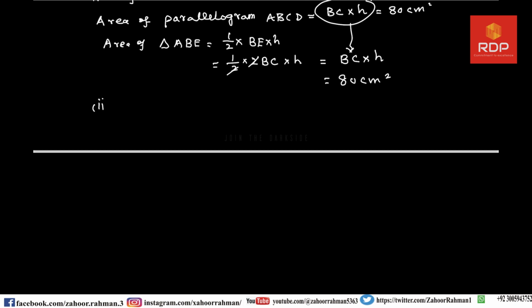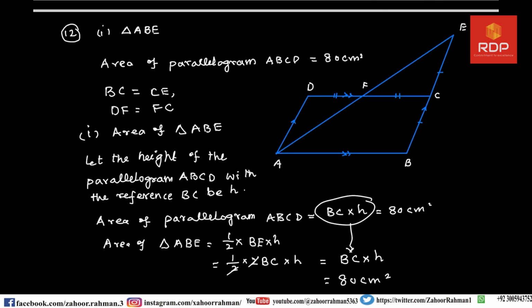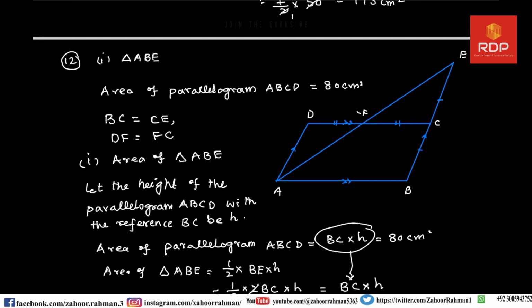Now the second part of this question is saying that find the area of triangle ADF, which is this one. This is a triangle.